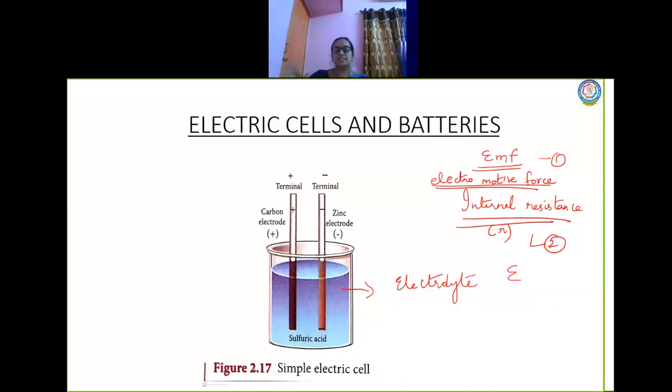There is always a resistance that opposes the flow of charges. That resistance is nothing but internal resistance, which is represented by small r. This also I have already discussed. So, with these two very important words, we will be proceeding to the internal resistance of the cell in the next class.